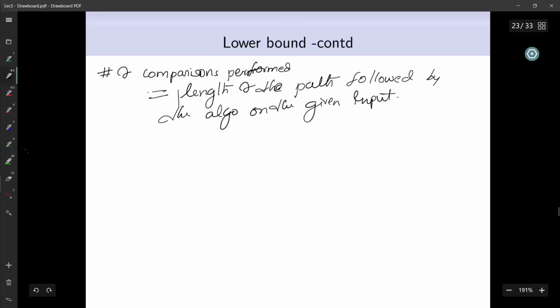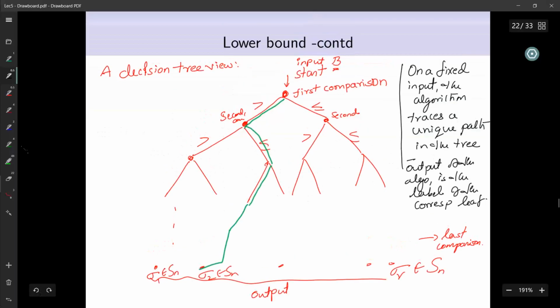Okay, so let's say the height of the tree is h.